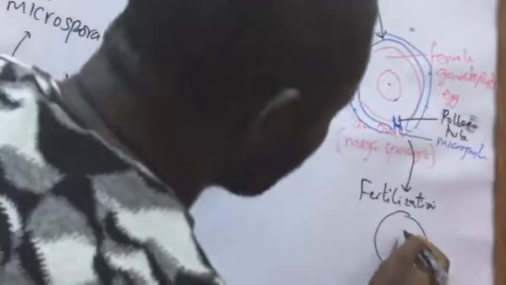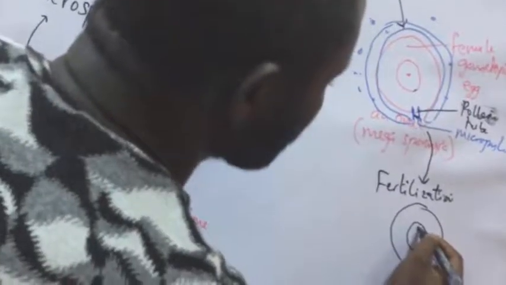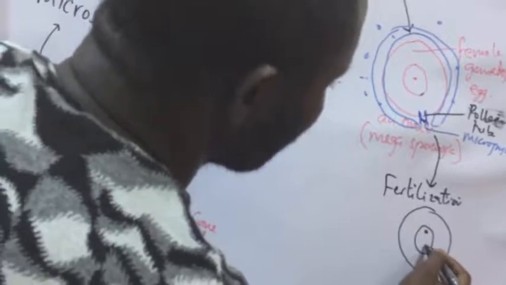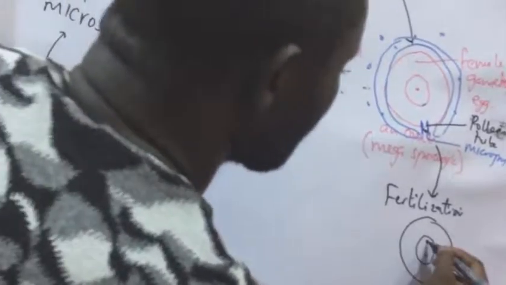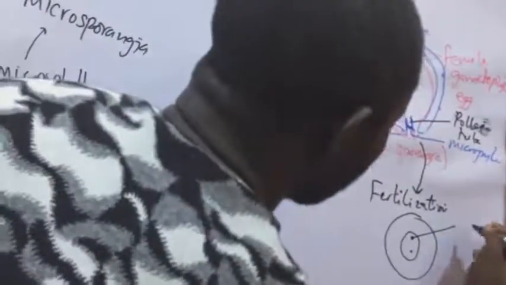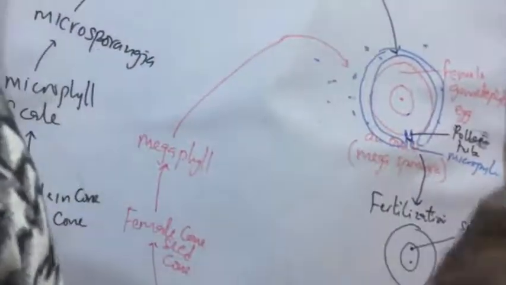Just note that this is an ovule. One sperm fuses with the egg. So this one is an egg with sperm. We have the other sperm here, which is not useful.